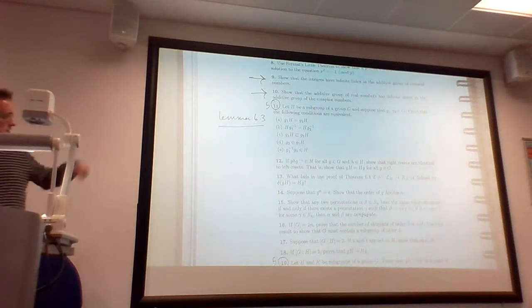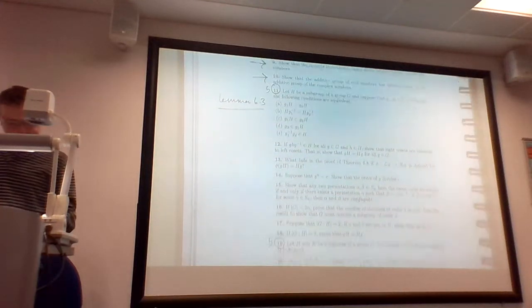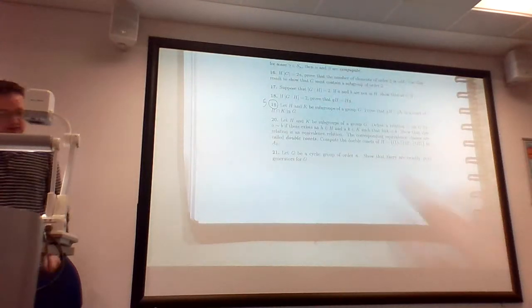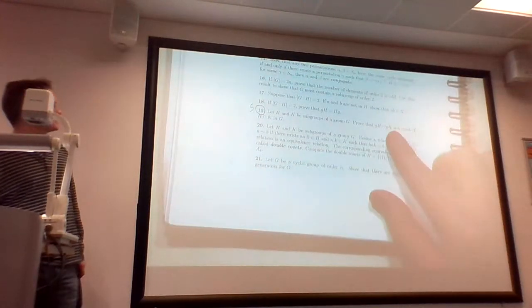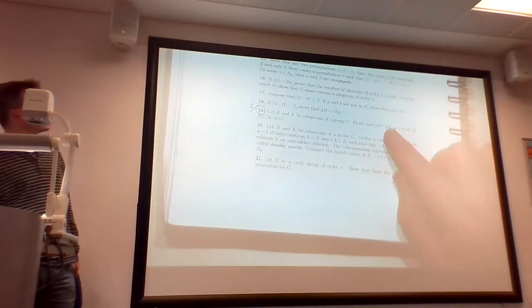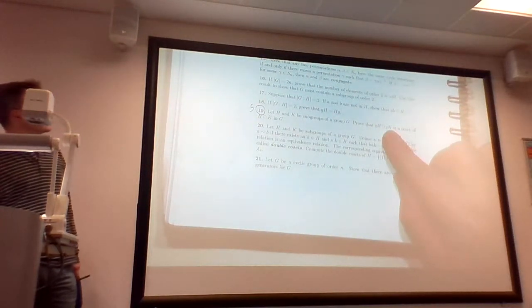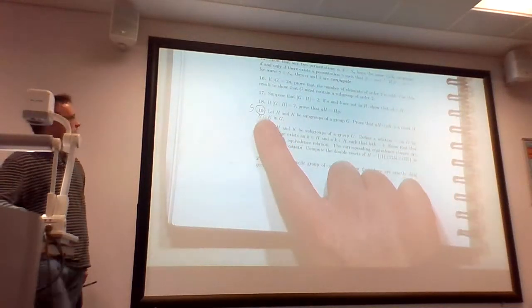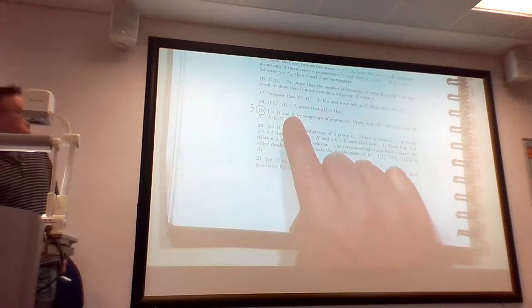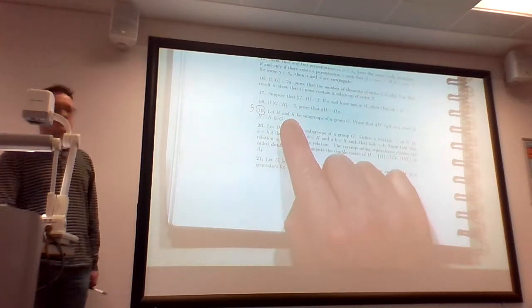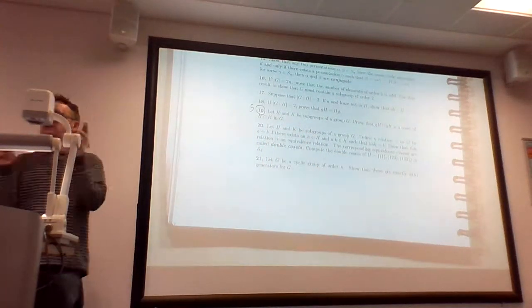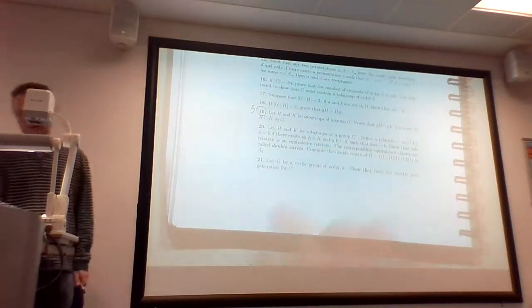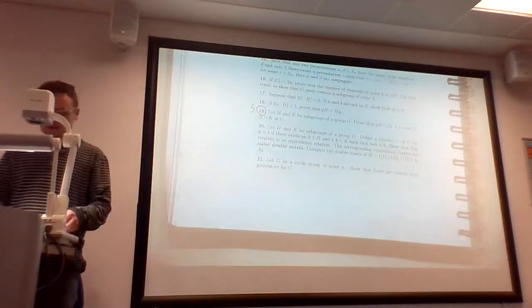We did one of the cases of that in the lecture. 19 is a little general argument proof: let H and K be subgroups, prove that the intersection of two left cosets is a left coset of the intersection. Remember, you've already proved back in the first groups and subgroups chapter that the intersection of any two subgroups is a subgroup. You need to remember that for that question as well.